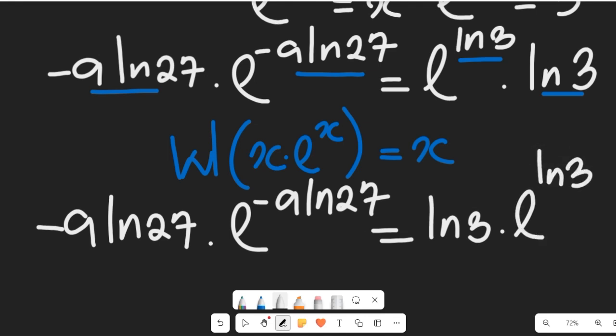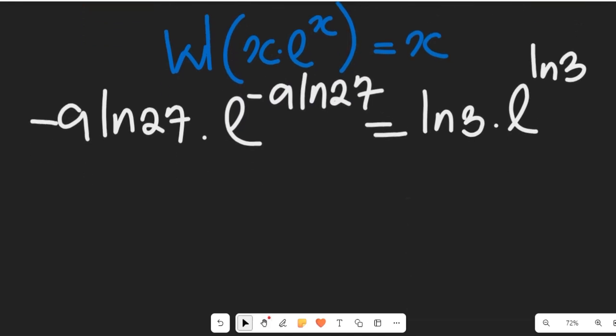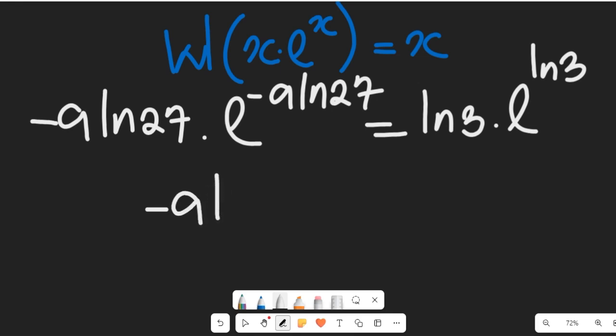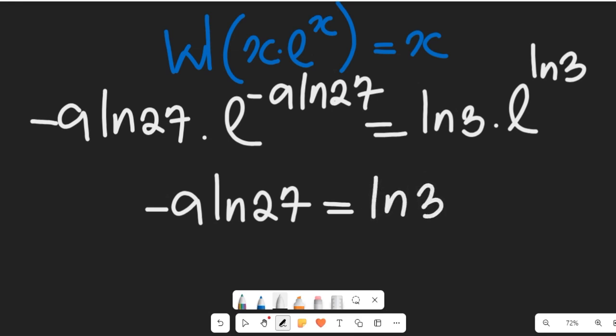Now if I compile those two expressions to the Lambert W function, I'll have those two expressions to only give me negative a ln of 27 to be equal to the ln of what? Of 3. That's all.